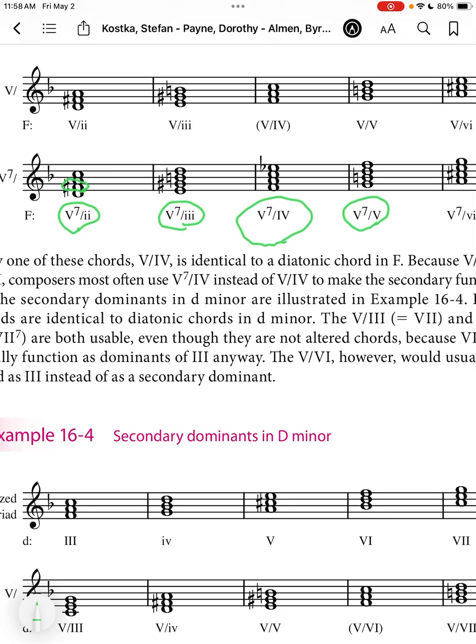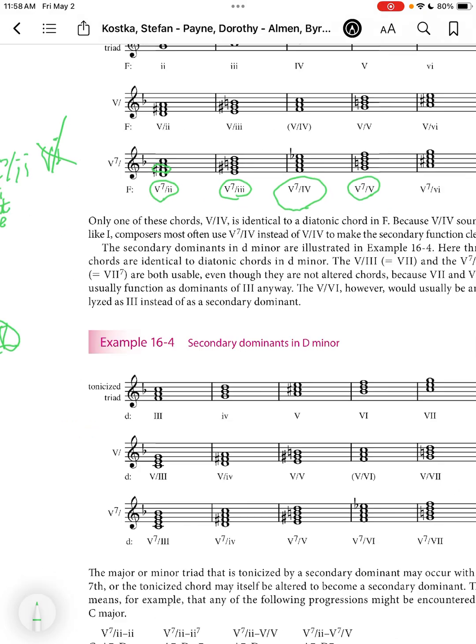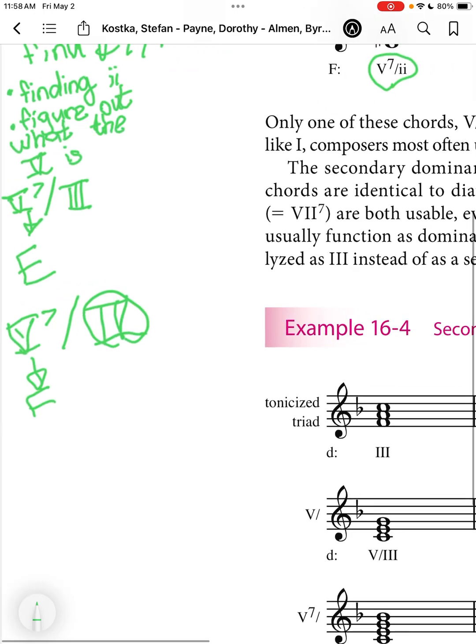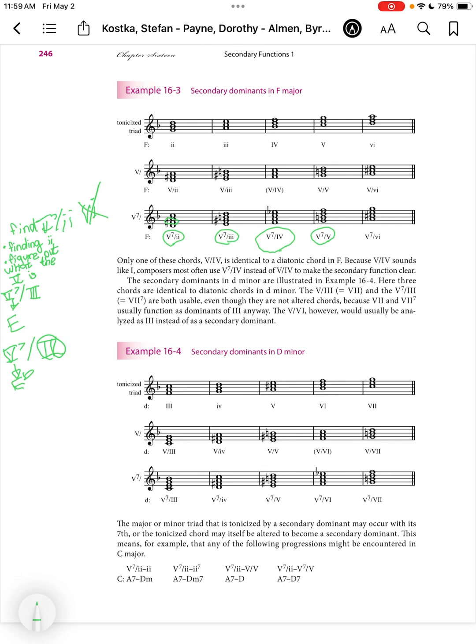Wait a minute, sorry, I had it wrong. The 4 chord, oh shoot, that's the E flat. Sorry. Okay, I can explain this. 4 is B flat to F, and then you look from there.